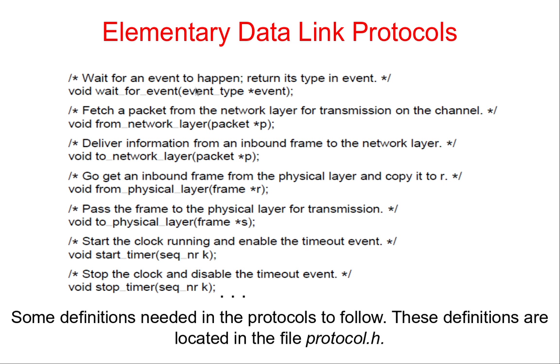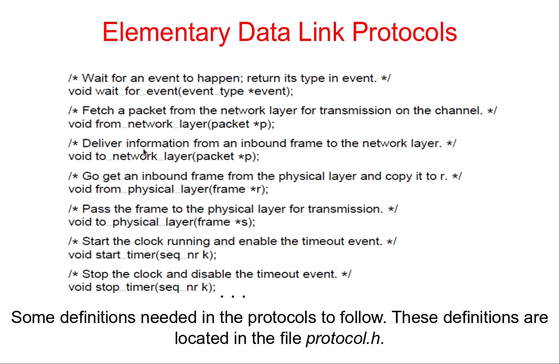Next is void from_network_layer with packet pointer p. So go and fetch a packet from the network layer at the sender's data link layer. It is going to accept a packet from the network layer, and that will be stored into packet pointer p.